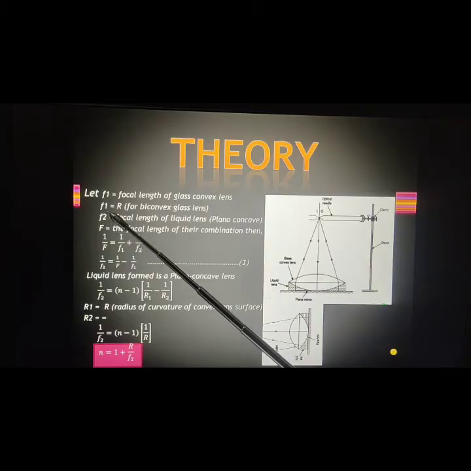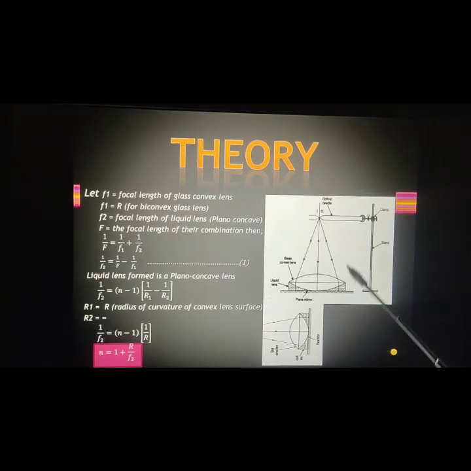So after we determine F1, we need to add water on this mirror. We are going to see all this in the procedure. So we will add water on the mirror here and then place the lens on the mirror. So when we place the lens on the mirror, we get a plano-concave water lens.